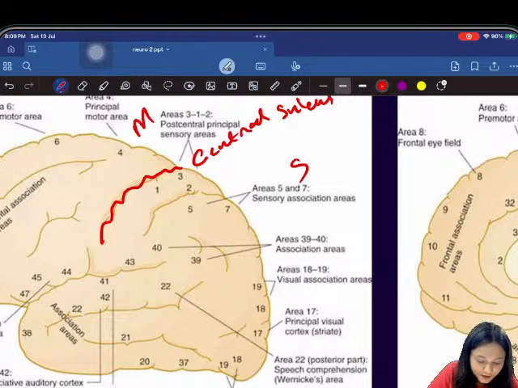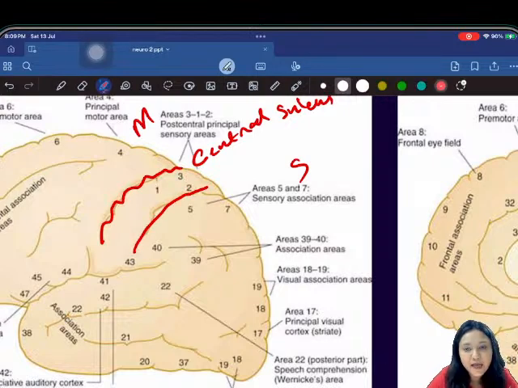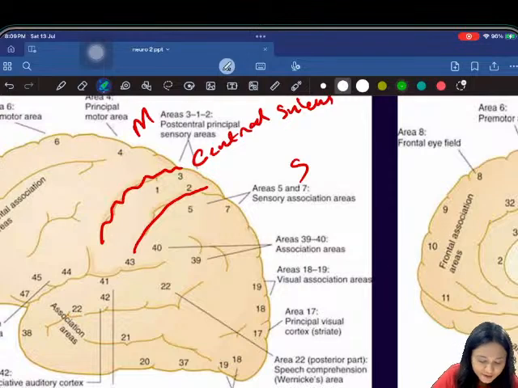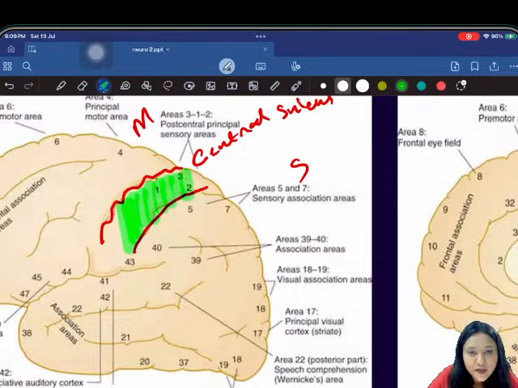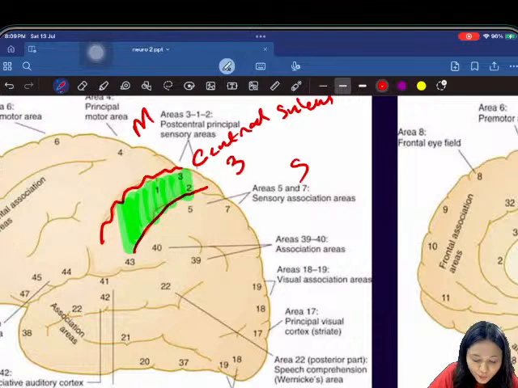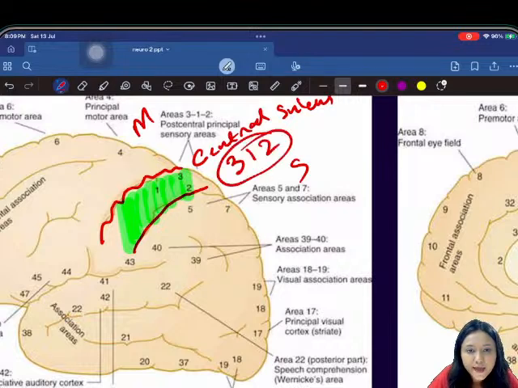This gyrus behind the central sulcus is the post-central gyrus. And post-central gyrus has 3 areas, and you have to remember the sequence 3, 1, 2, not 1, 2, 3.